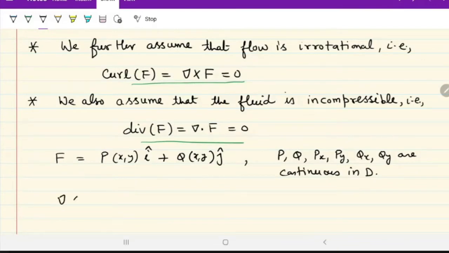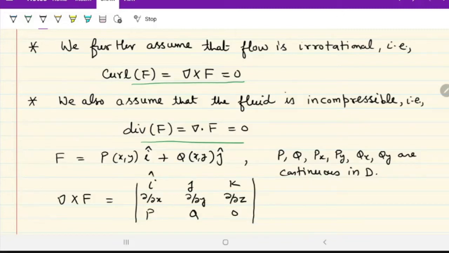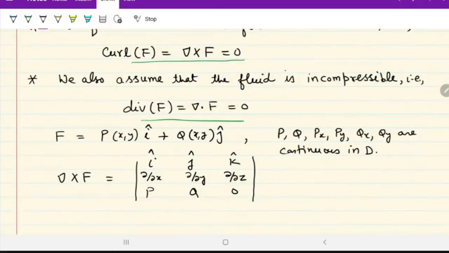So del cross f is going to be a cross product. So the gradient is del by del x, del by del y, del by del z, and f is p, q, and the k component is 0. So to be precise in our notation, it has to be i cap, j cap, k cap.